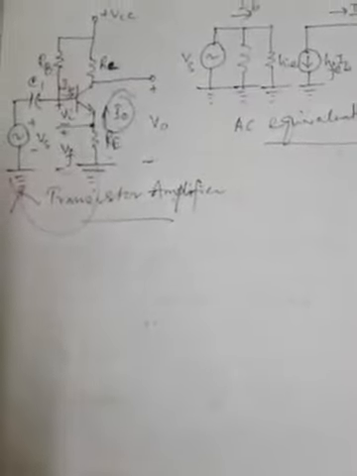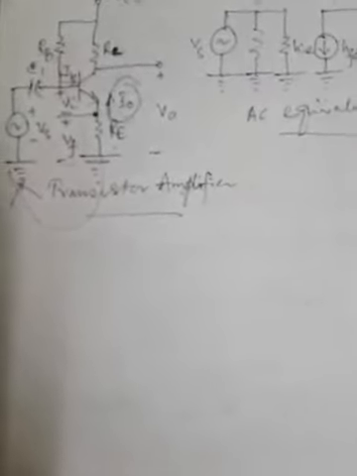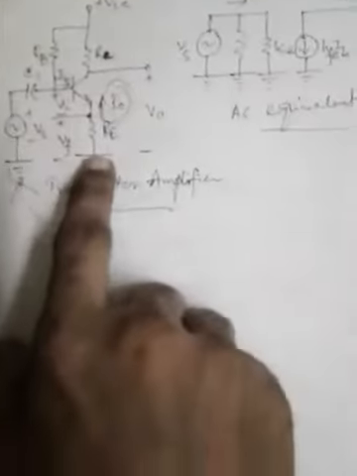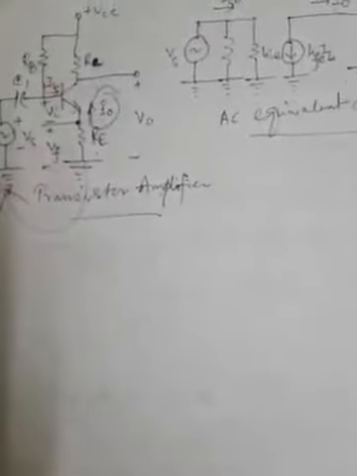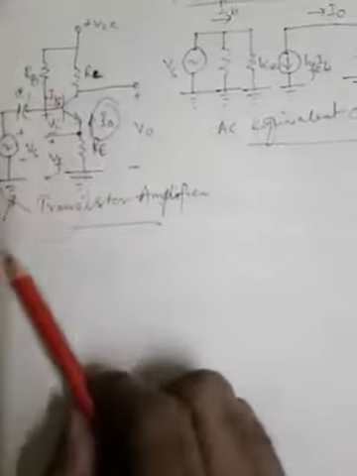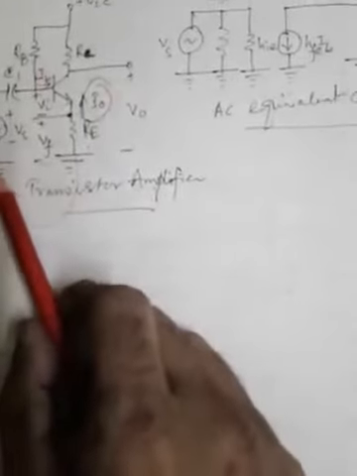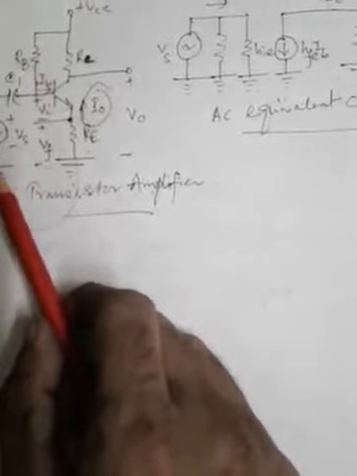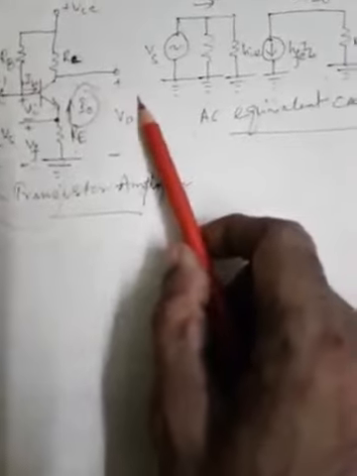So therefore the effectiveness of current series feedback lies with the unbypassed operation of this emitter resistance RE. The current through the resistor RE results in this feedback voltage VF, which opposes the source signal Vs. That means it establishes negative feedback so that the output voltage VO is reduced.